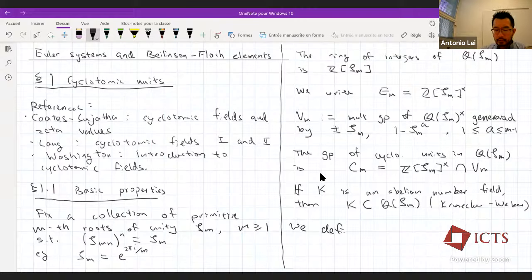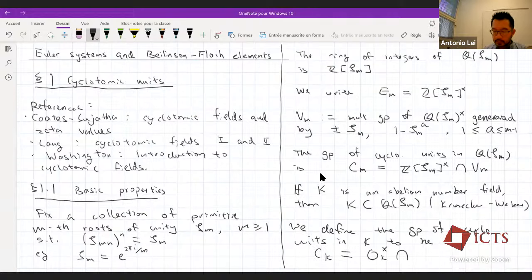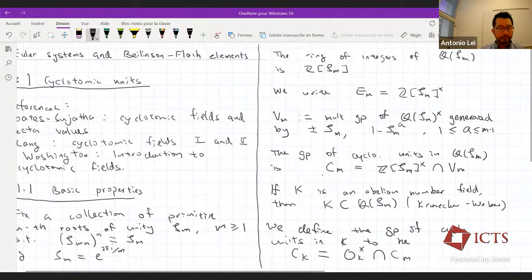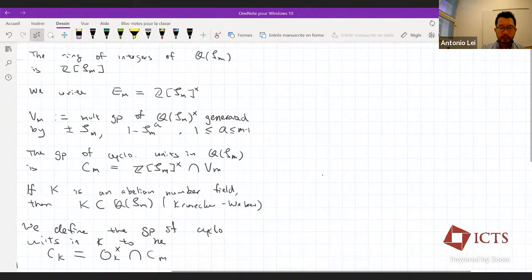In this case, we just define the group of cyclotomic units in K to be C_K, which is the unit group of O_K intersected with C_m.